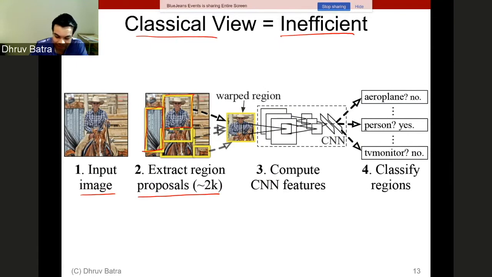These are then cropped and warped to a fixed size that is fed into a classification CNN that says, here's my score for airplane, person, TV monitor, and then you ultimately make a prediction for whether this is an object or not. So one of the earliest ways to convert classification problems into detection problems is to feed in crops of the image.